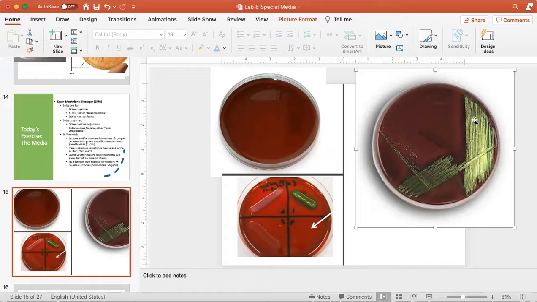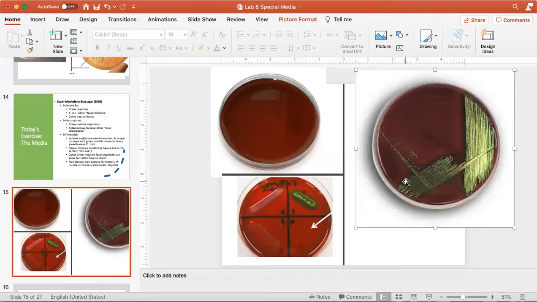That's where you're going to get your heaviest growth. Then they cleaned off their loop. They sterilized their loop. You draw your loop through that heavy growth area, and then you streak again. So in other words, I'm going to grab some of these cells with my loop and I'm going to spread them out.